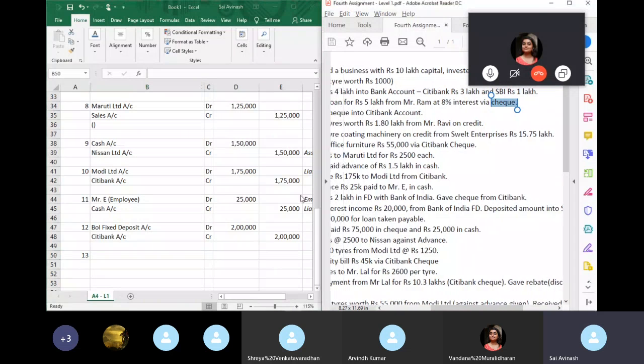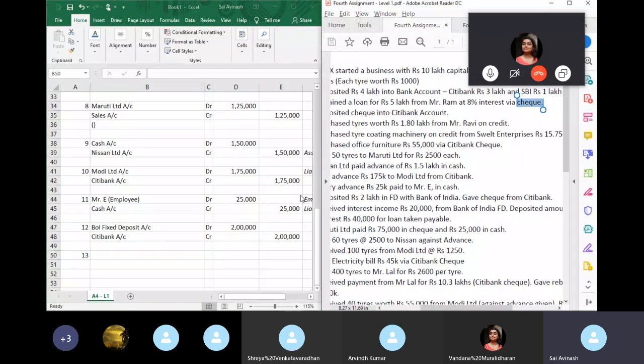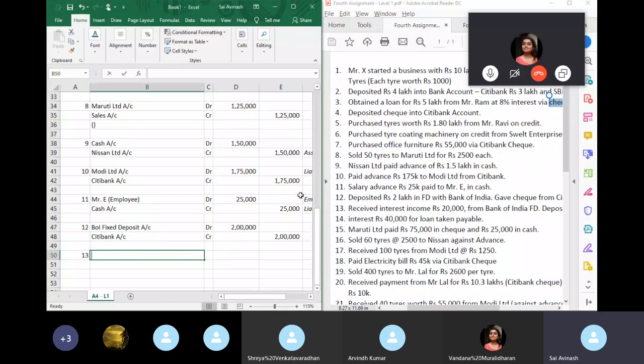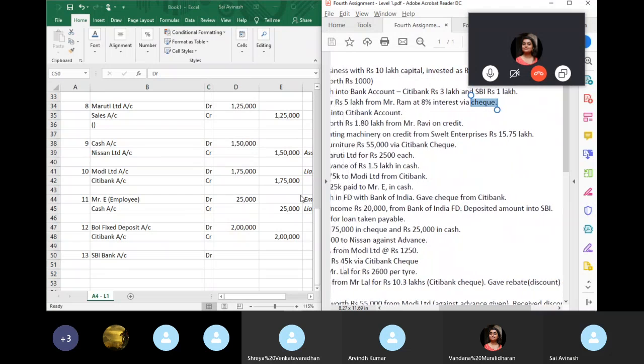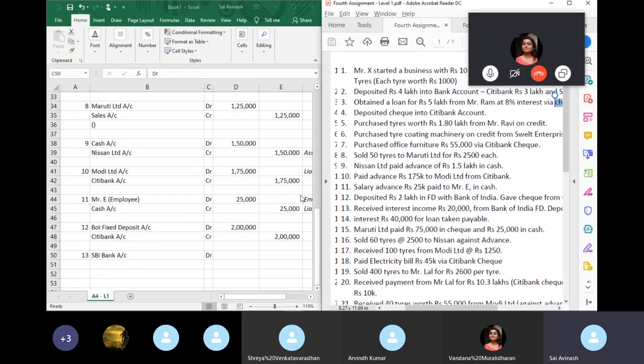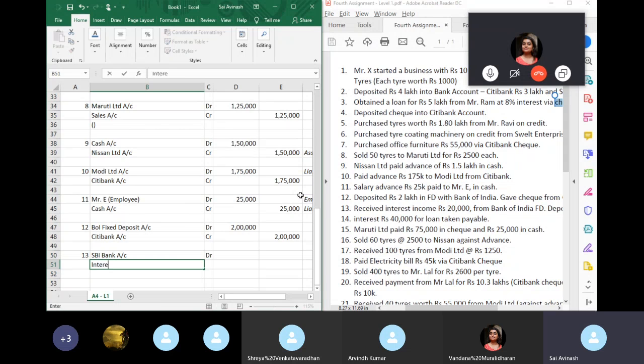If I forget everything and look at the scenario at the end of these transactions, I know that my SBI bank balance is going to increase because I'm depositing that money into SBI. And I know that I'm receiving interest. When I receive interest, it's income for me, and when income increases, I credit it. That's the basic rule. The amount is 20,000. So this is an acceptable transaction because it gives you the end effect.